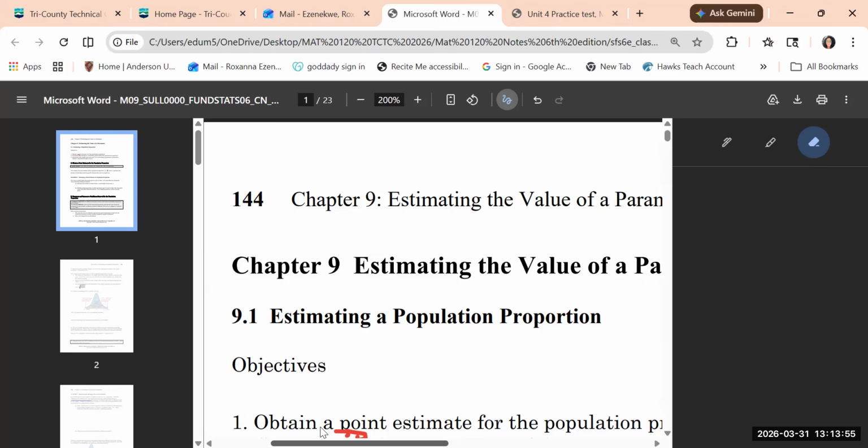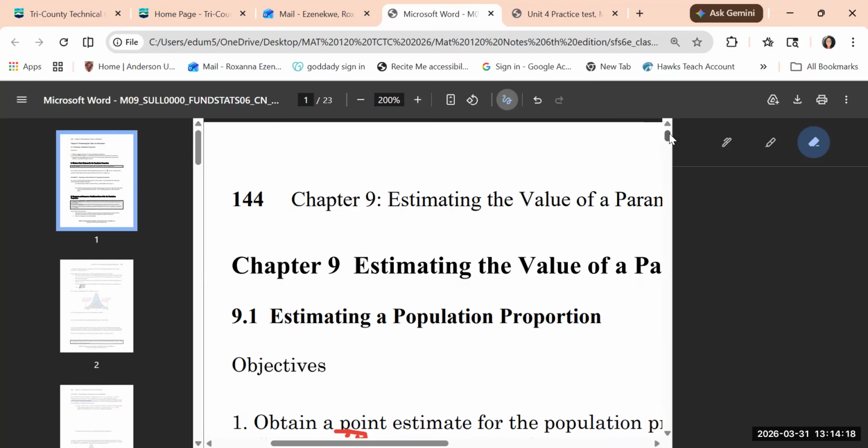So we shall be using a statistic to estimate a parameter. So the first thing we want to do is estimate the population proportion in unit 4. This unit 4, we are starting with population proportion, right? So let's start with population proportion.